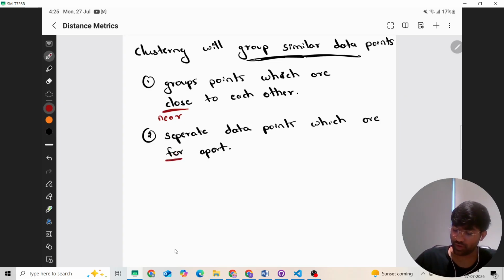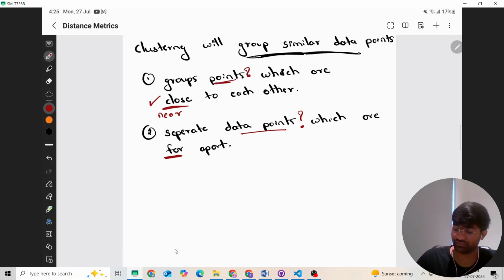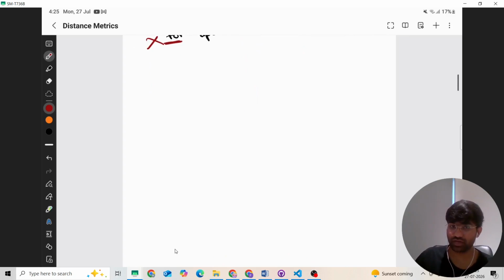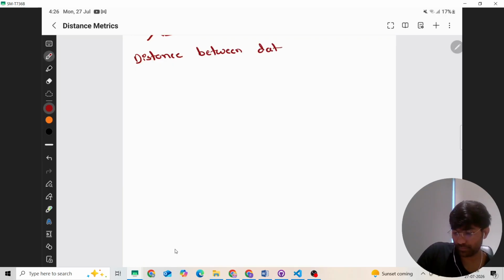So we have to identify which data points are close and far. To identify whether the data points are close or far, we have to calculate the distance between data points.